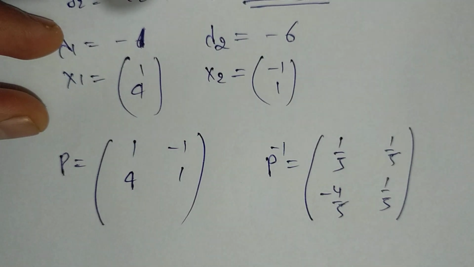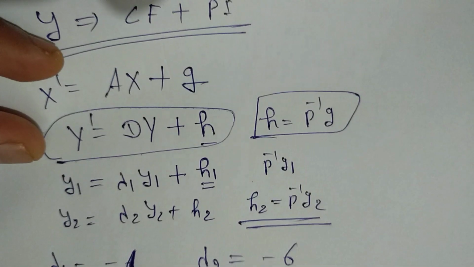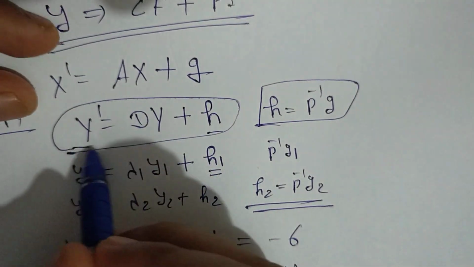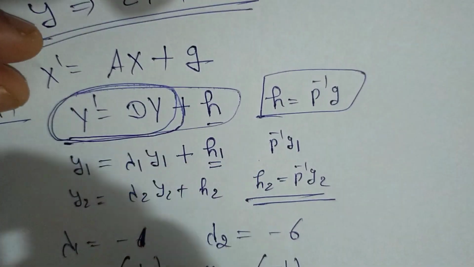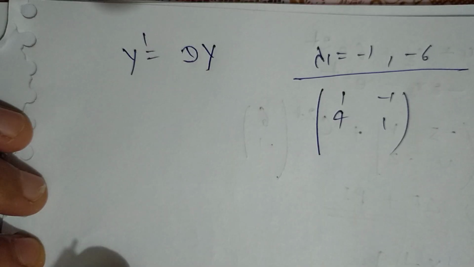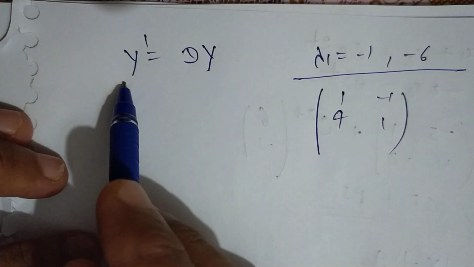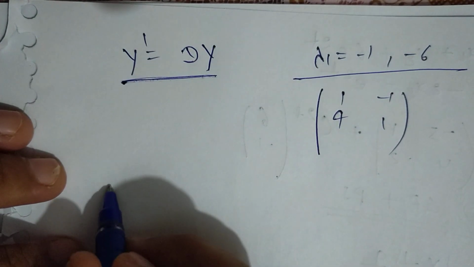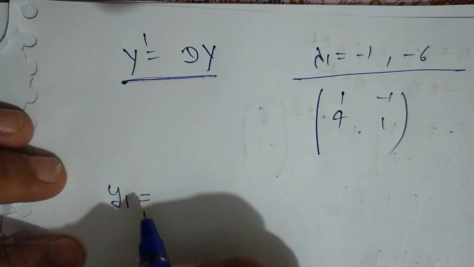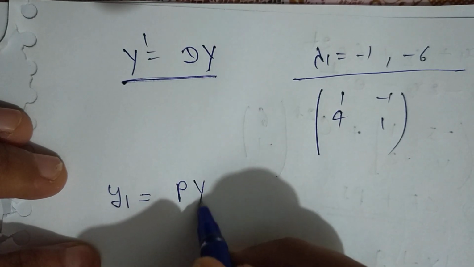Let us try to find the complementary function. Complementary function means we have to solve y dash equal to Dy, only this. In the previous problem we have seen how to solve this, so directly we can write the solution x equal to P into y.